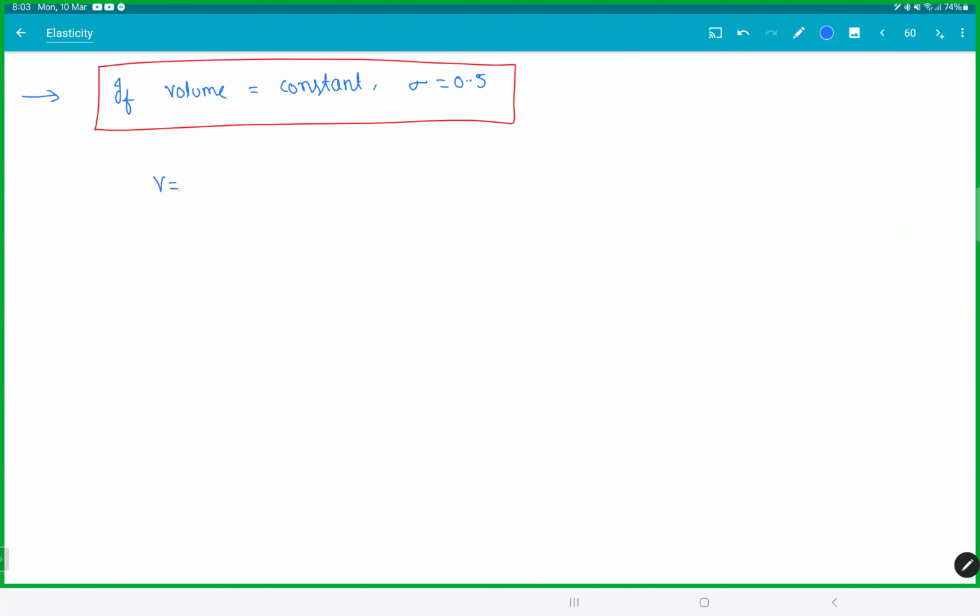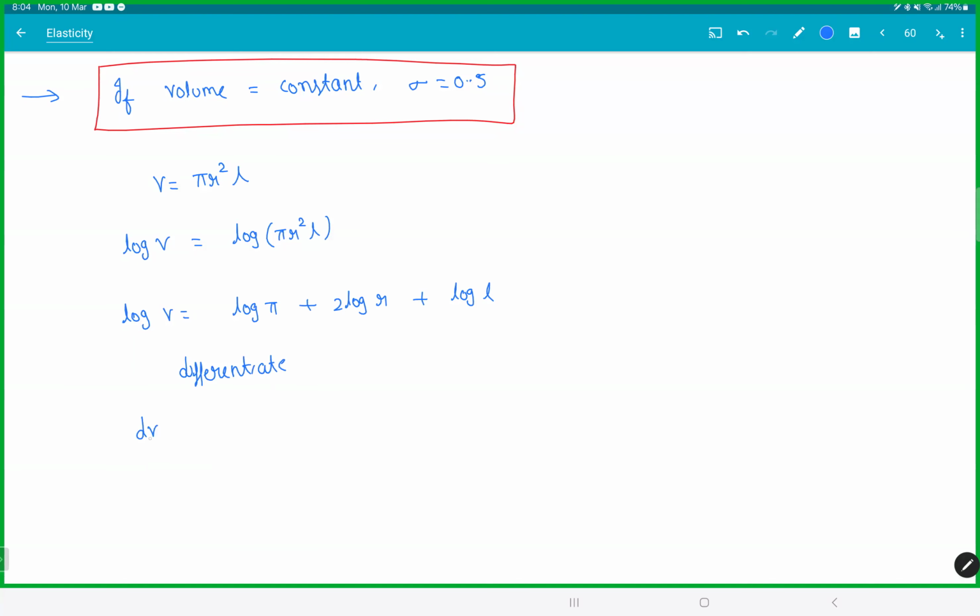So we know volume is pi r square L. If you remember the power rule or put a log on both sides, you'll get log of pi r square L, which is log pi plus 2 log r plus log L. Now differentiate this.